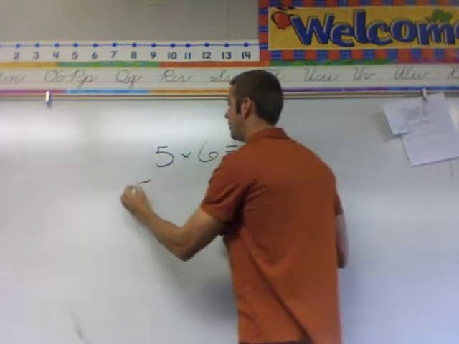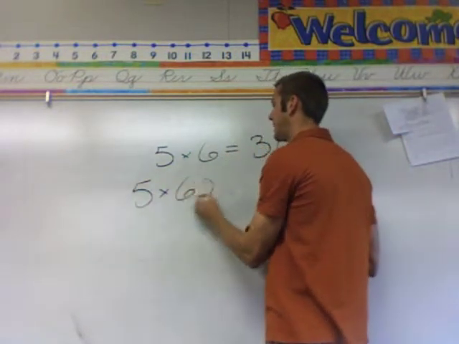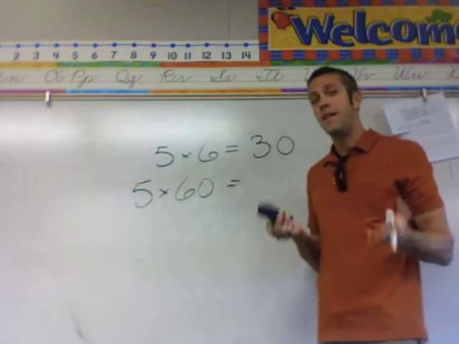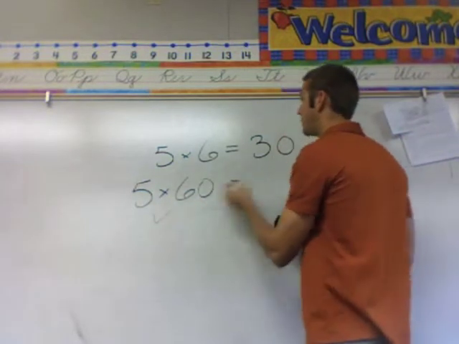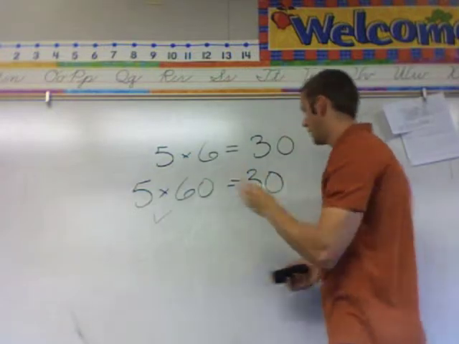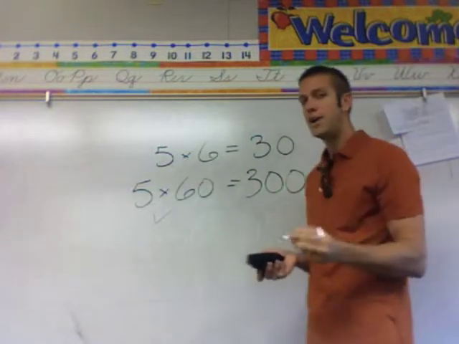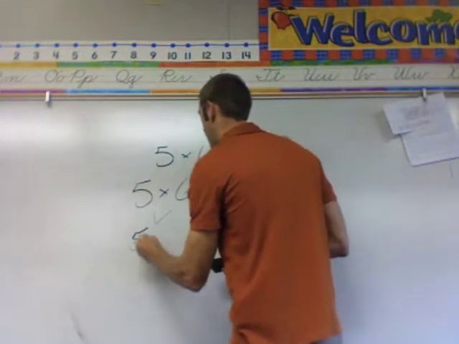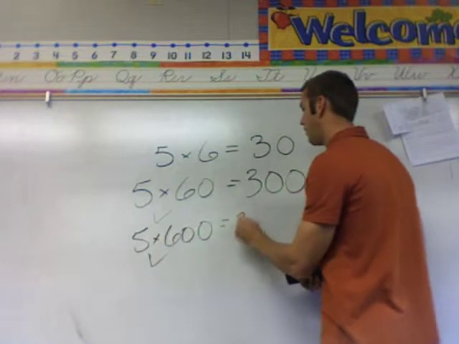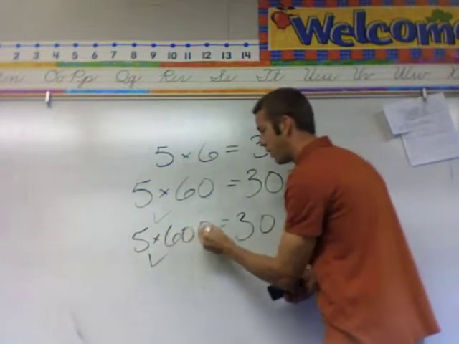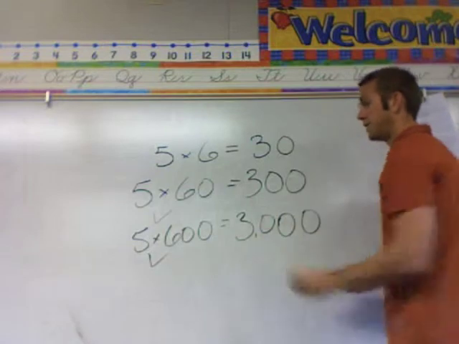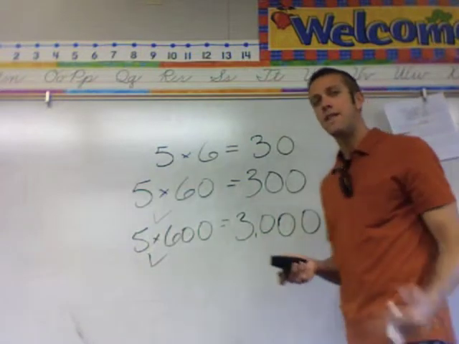Now if you add a 0, 5 times 60, don't forget that you still have to add that 0. 5 times 6 may be 30, but I haven't tacked on this 0 yet, so the answer is really 300. Or 5 times 600, 5 times 6 is 30, but I haven't added on my 2 zeros. So the answer of 5 times 600 is 3,000.